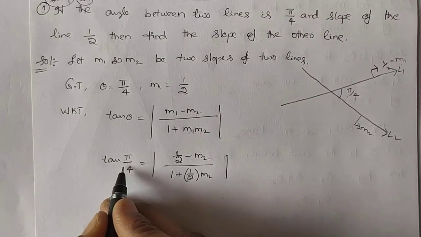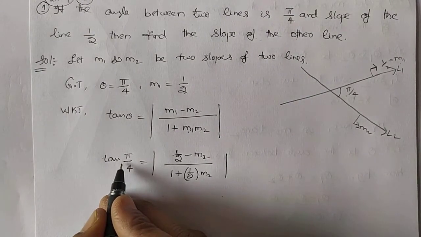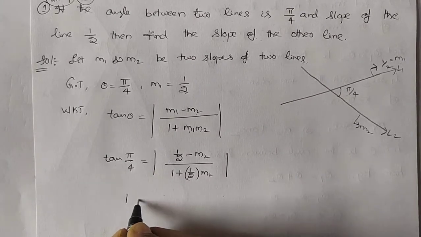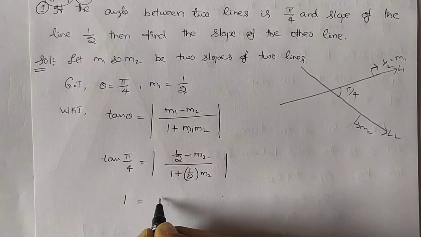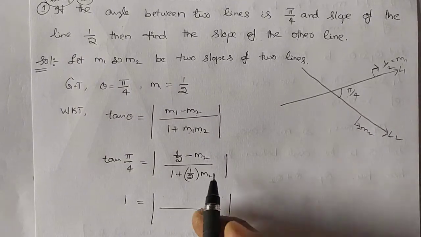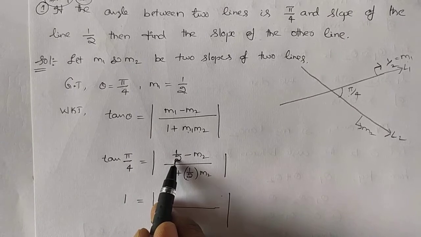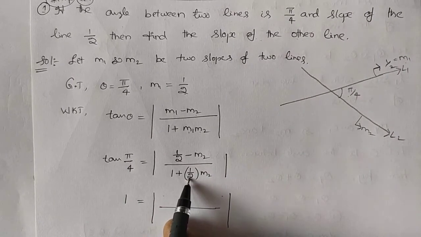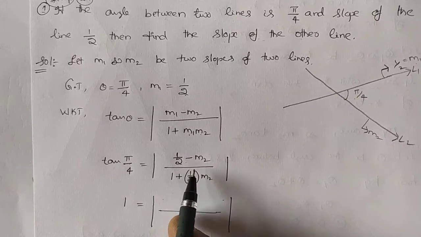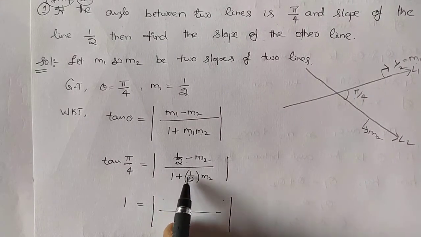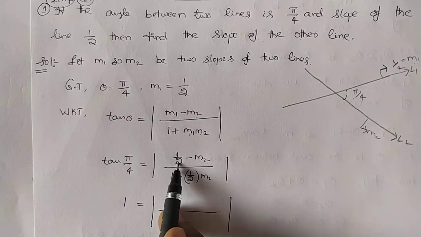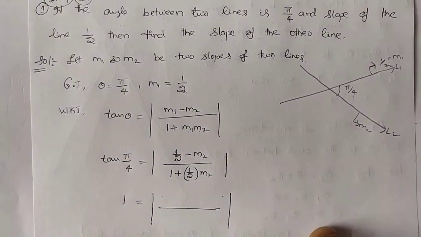Next, tan pi by 4 is tan 45 degrees. How much is tan 45 degrees? 1. So 1 equals, now we will simplify it. In the numerator the LCM is 2, and in the denominator the LCM is also 2, so they will cancel.